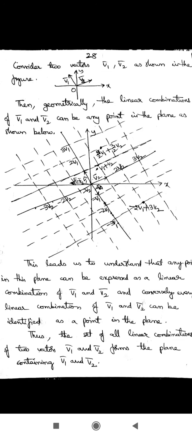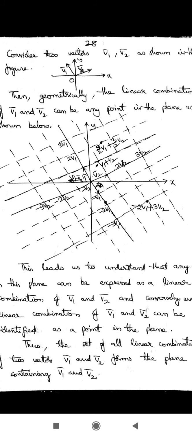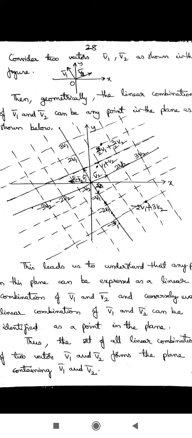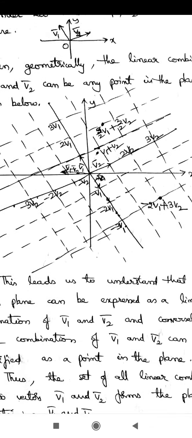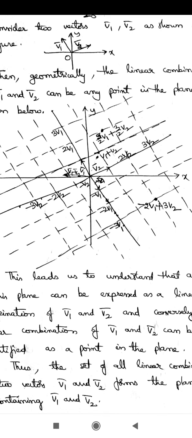Now I want to go through the geometrical interpretation of these linear combinations of two vectors, and let us see how it goes. Consider two vectors v1 bar and v2 bar as shown in the figure, these are the two vectors I have taken.